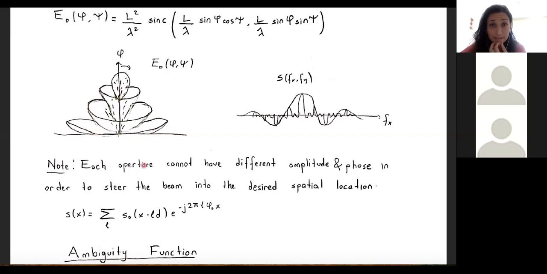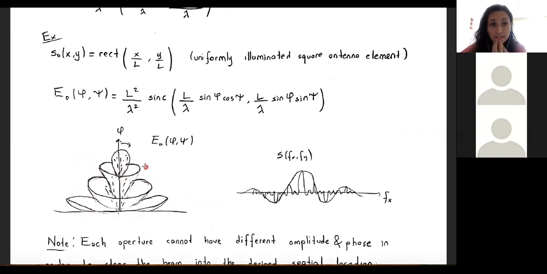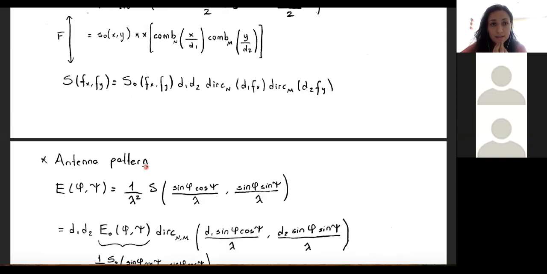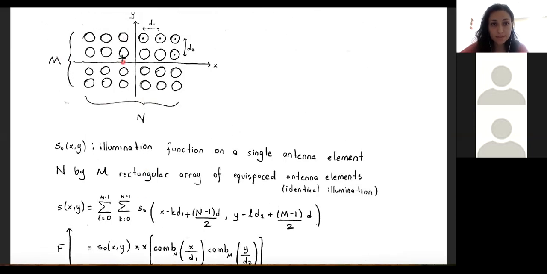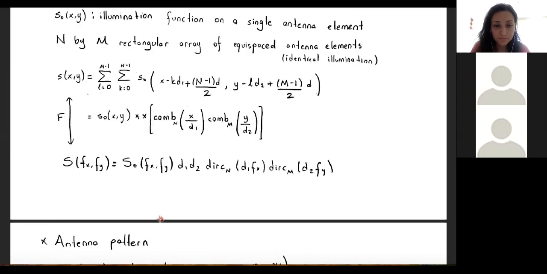So in this example, we said that in this antenna array, all these elements are identical. They all have the same illumination function S0 XY. But if you change the phase of each element in a particular, designed way, then you can change where your beam is looking, or you can change the pointing direction of your pattern.